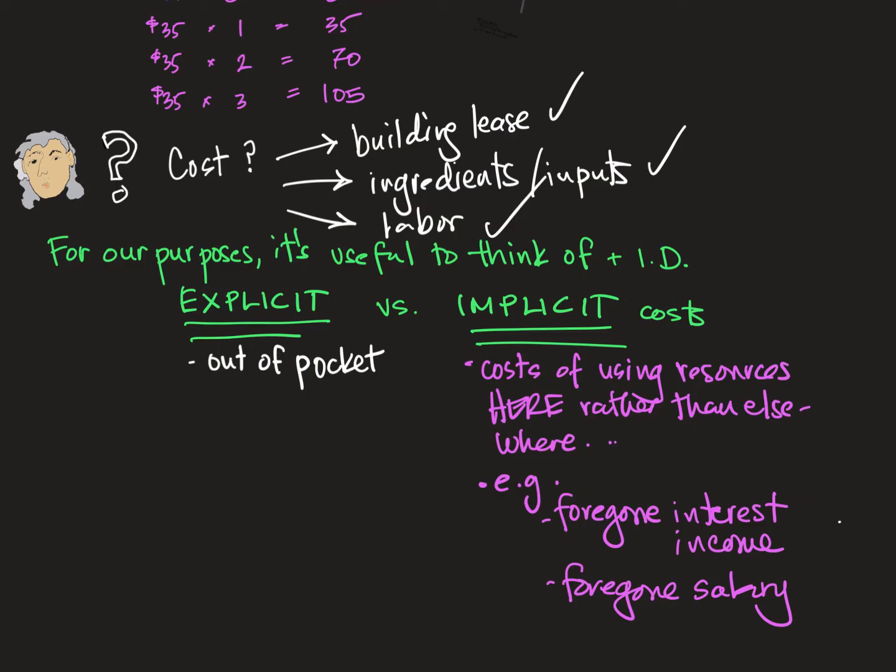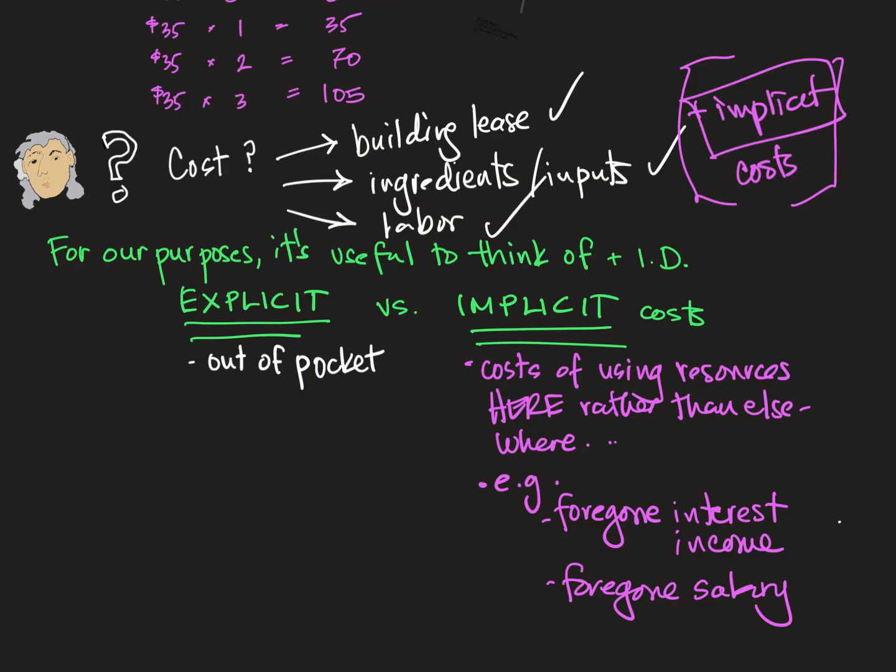And so economists would like to see that we consider these implicit costs, even if they don't need to show up in earnings reports, etc. They're still important for decision making. They're very important for decision making, in fact. So when economists talk about profit, they also want us to subtract out the implicit costs.